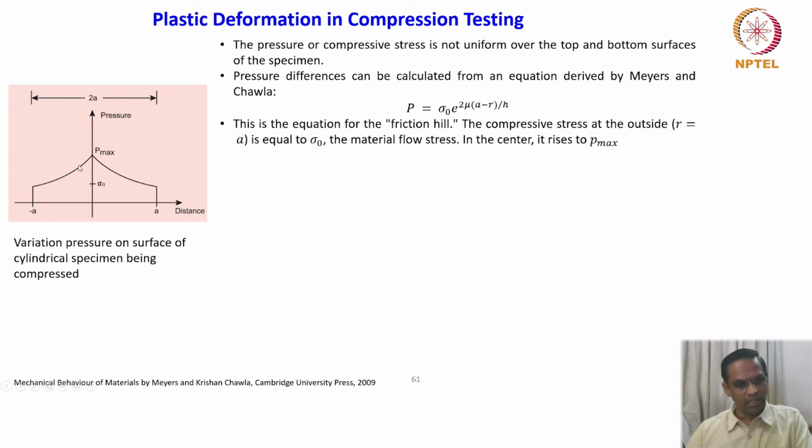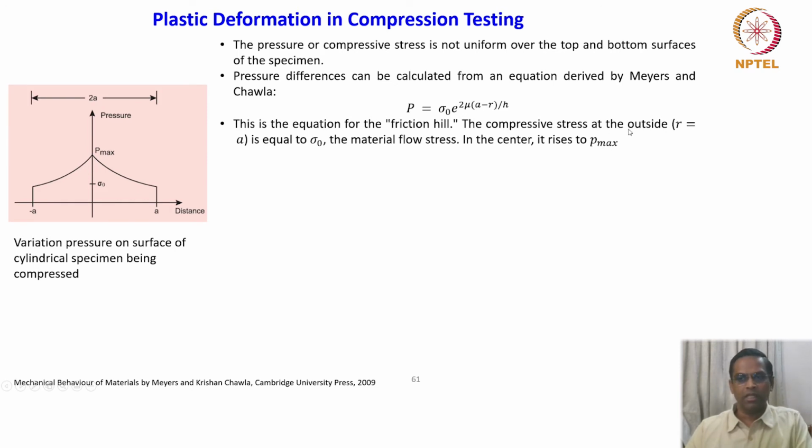The pressure increases and reaches a maximum, P max, in the center of the top surface of the specimen. It comes basically because of the friction between the platen and the specimen surface. That is why it is called the friction hill. So the pressure reaches a maximum in the center.